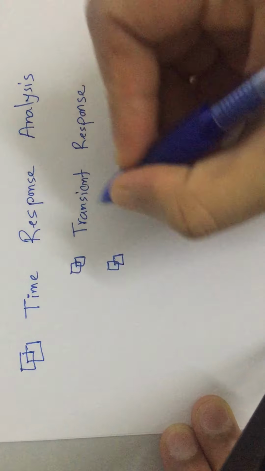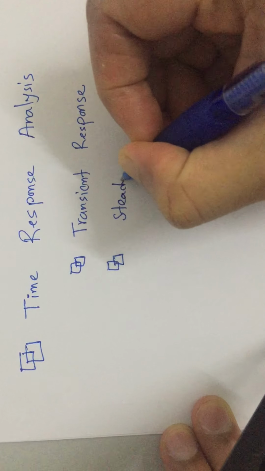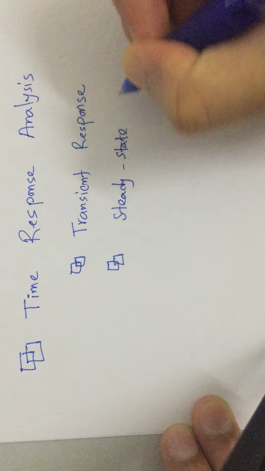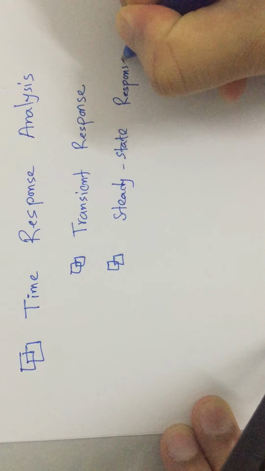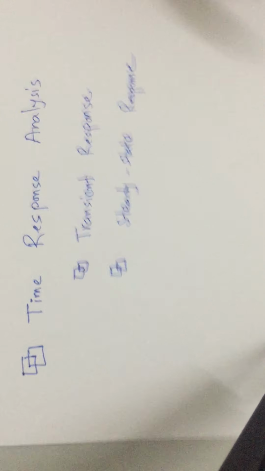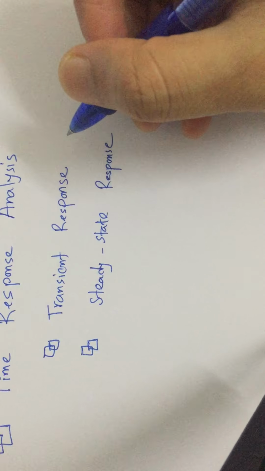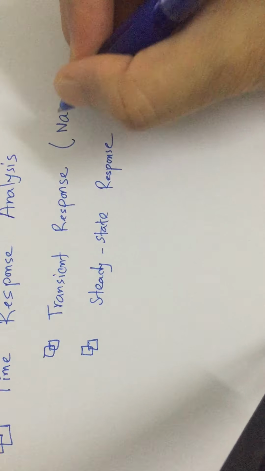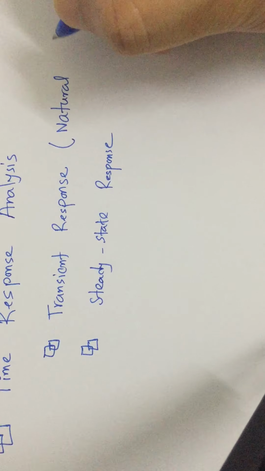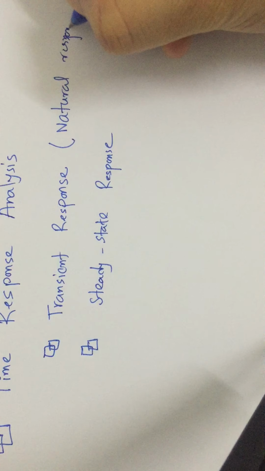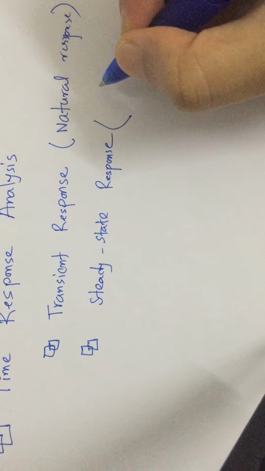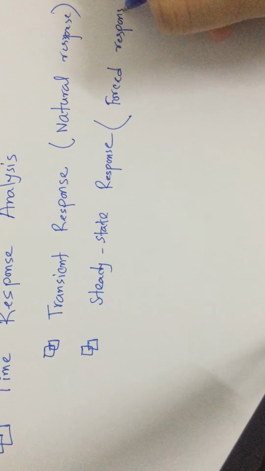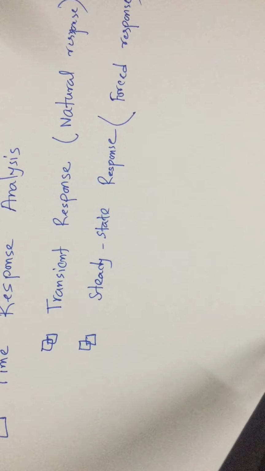Number two is steady state response. Remember these two terms; we can also call them natural response, which I have written in your slide, and the other we call forced response.